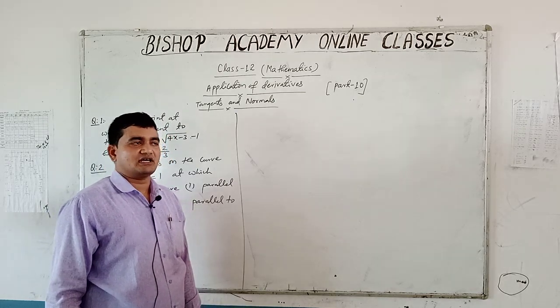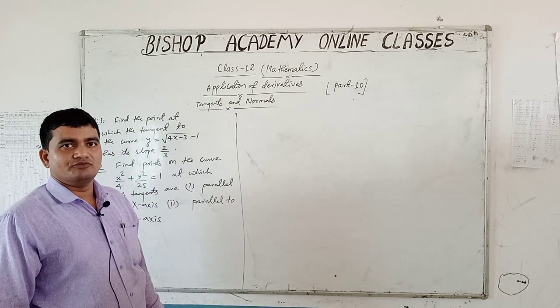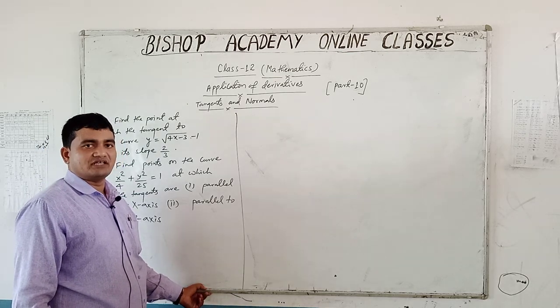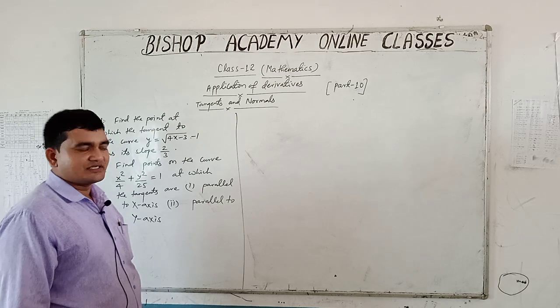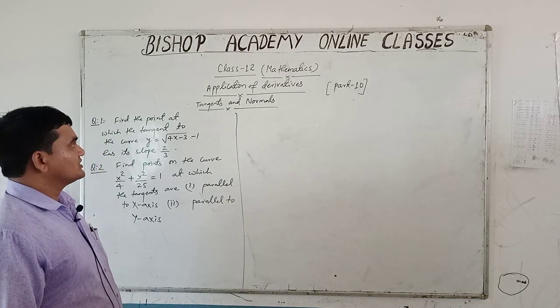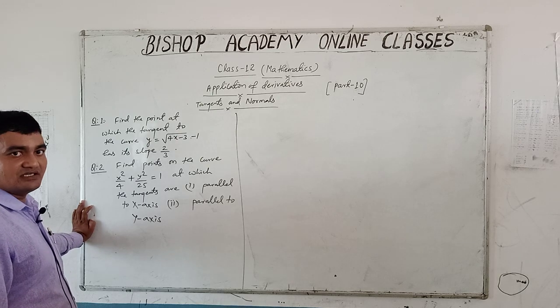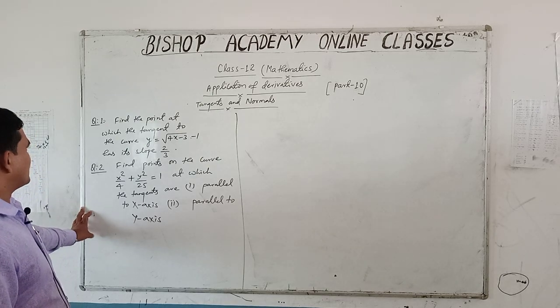Dear student, in part 9 video, we have already solved some questions of tangents and normals. Now in part 10 video, we will solve some more questions of tangents and normals. The questions are: 1.